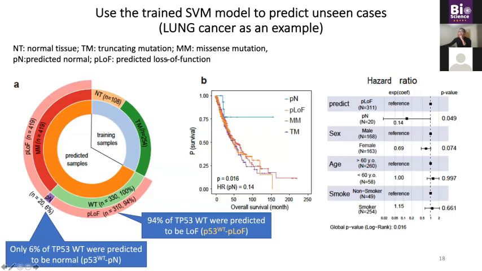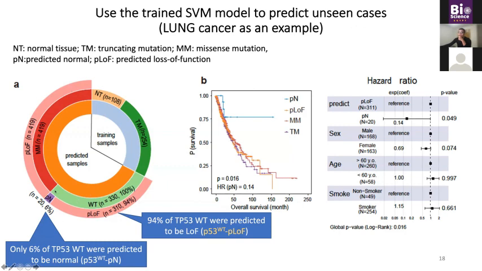After we build and validate the SVM model, we use it to predict the other cases. In this case, we use the SVM model to predict the wild type and the missense mutation cases. As shown in this sunburst plot, these are training data, this is wild type, and this is missense. And the outer panel shows the prediction result.